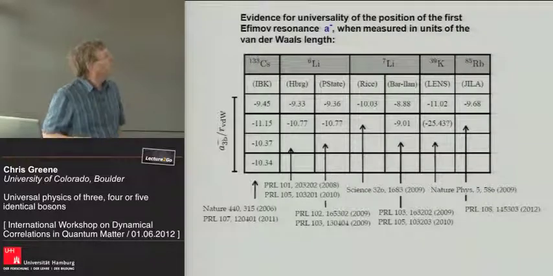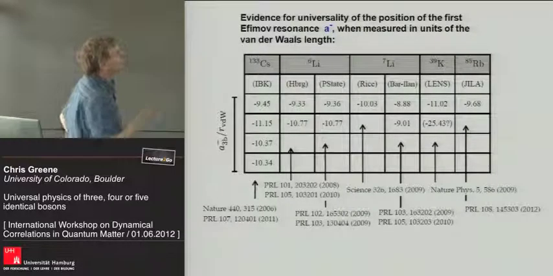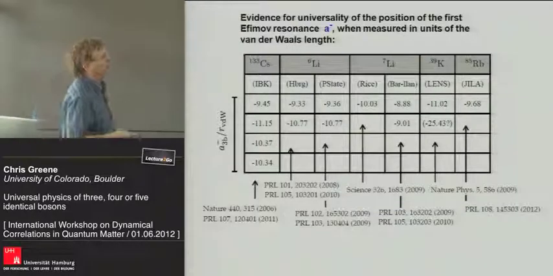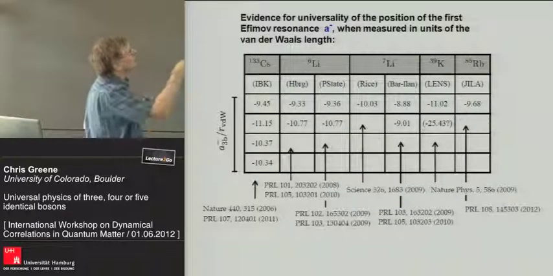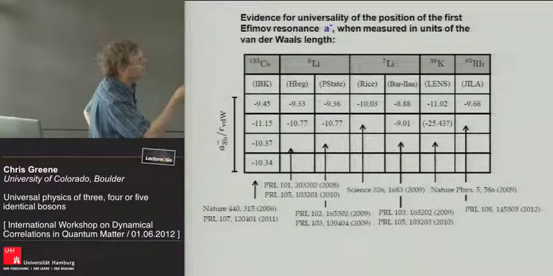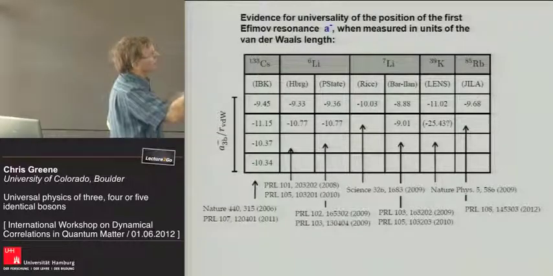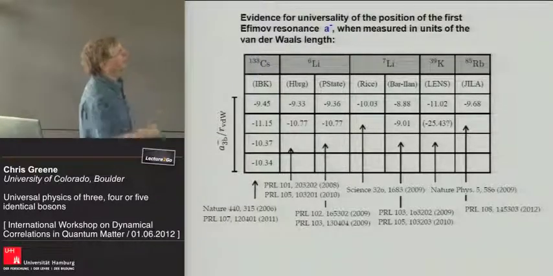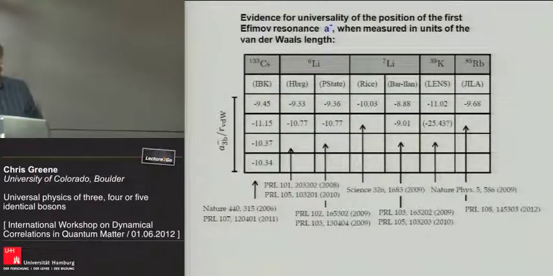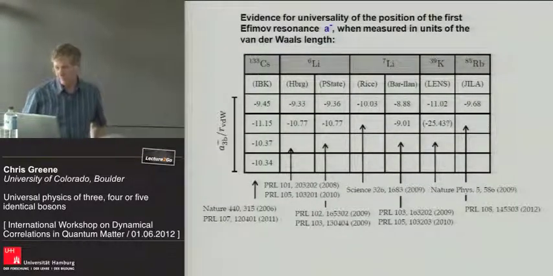So when you look at all of the different Efimov states that have been observed, they all seem to fit this pattern: cesium, lithium-6 and lithium-7, potassium, and rubidium-85. There was really only one question mark, and it sounds like that question mark has disappeared recently.